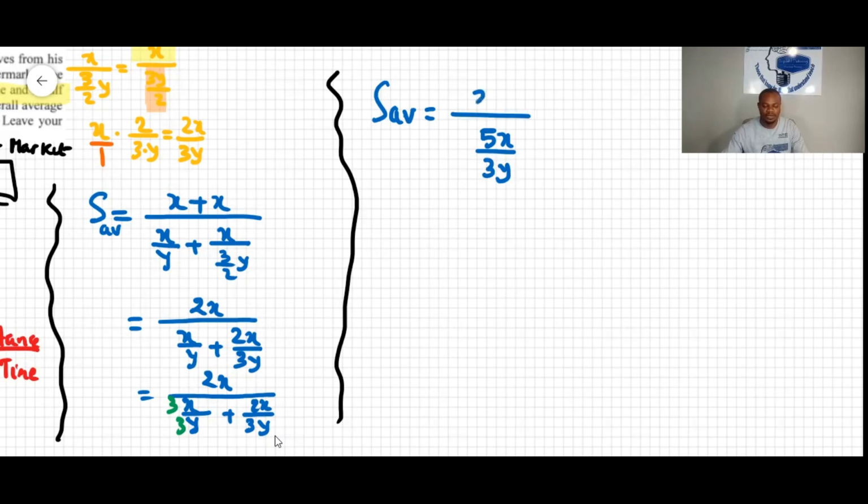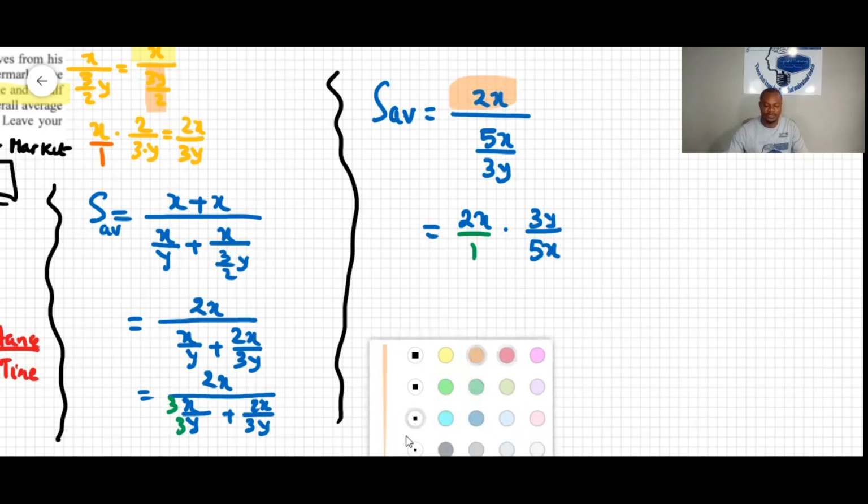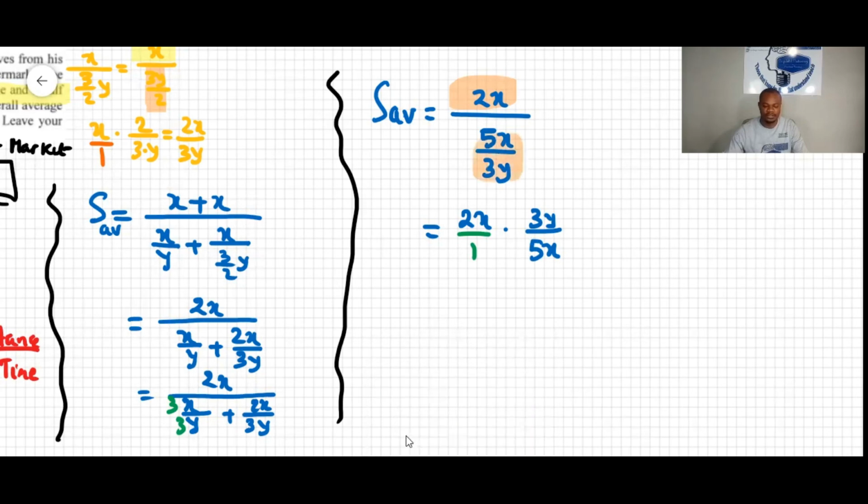Again, the same rule of a fraction over another fraction: we multiply the first fraction by the inverse of the other. So that makes 2x times 3y over 5x. Now 2x can be written as 2x over 1, because this is the numerator and that's also another fraction, the denominator.